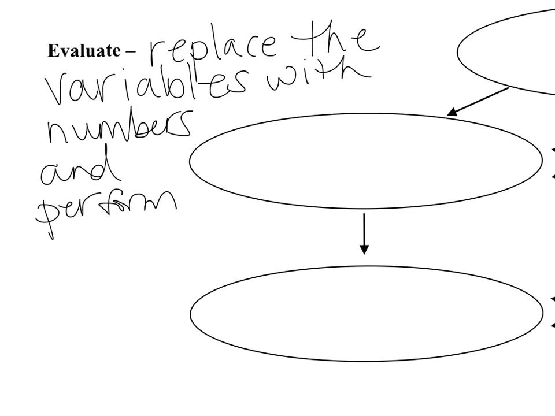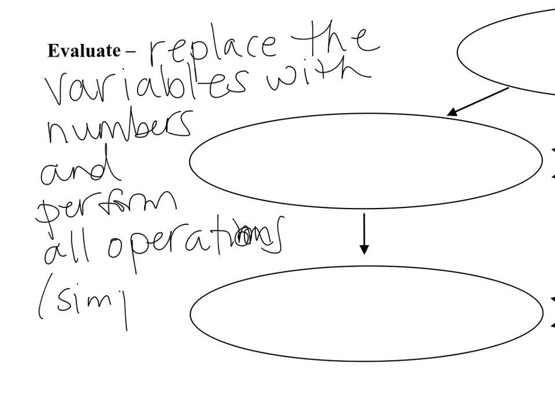Or I'll even just say, perform all operations, which is really the same as just simplify. So basically, you're just going to keep going until you can't go any longer.